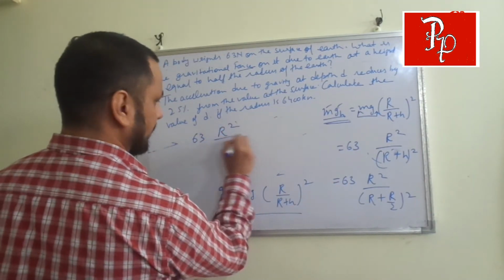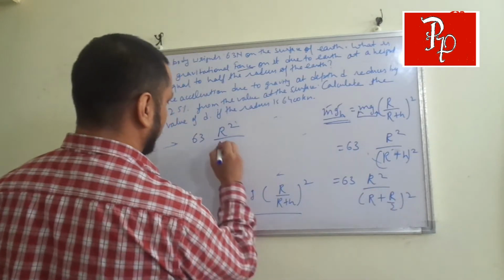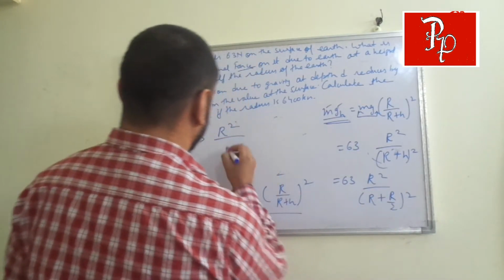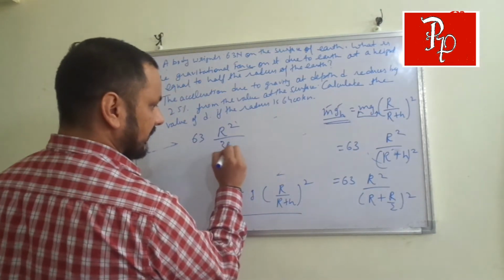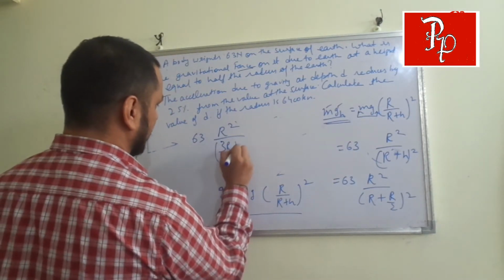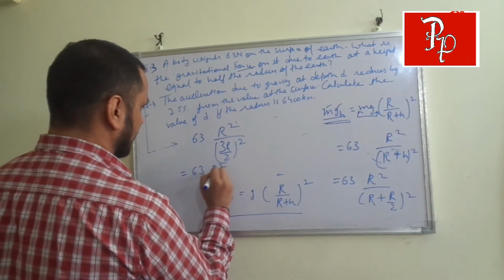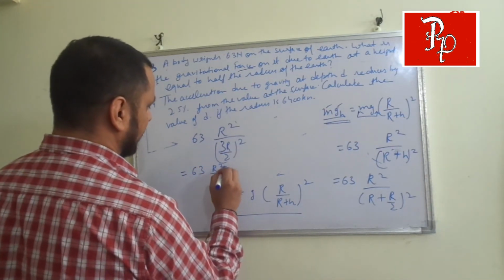Now the next step is 63 r square upon, here r plus r/2 comes to be 3r upon 2 whole square. That comes to be 63 r square upon 9r square into 4.